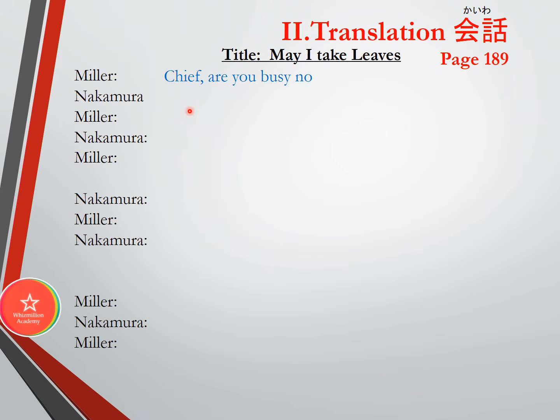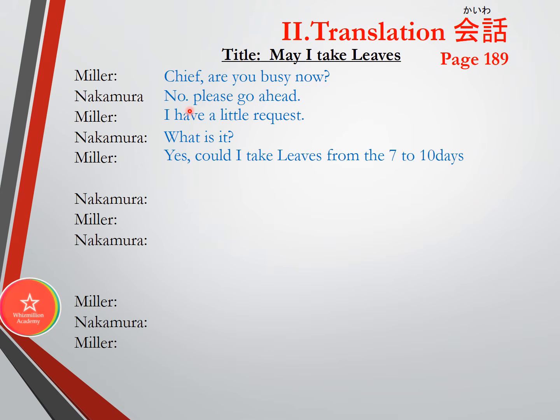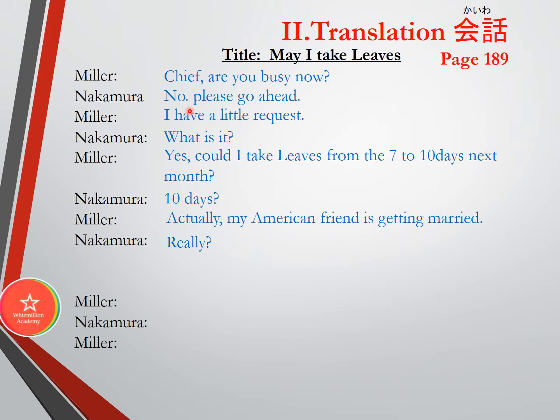課長、今忙しいですか？Chief, are you busy now? いえ、どうぞ。No, please go ahead. ちょっとお願いがあるんですが。I have a little request. 何ですか？What is it? 来月7日から10日ほど休みを取らせていただけませんか？Yes, could I take leaves from 7 to 10 days next month? 10日間ですか？実はアメリカの友達が結婚するんです。Actually, my American friend is getting married. そうですか。Really? 来月は20日に営業会議がありますが、それまでに帰れますね。Well, next month on the 20th there is a sales meeting.